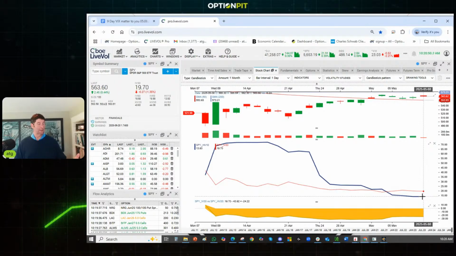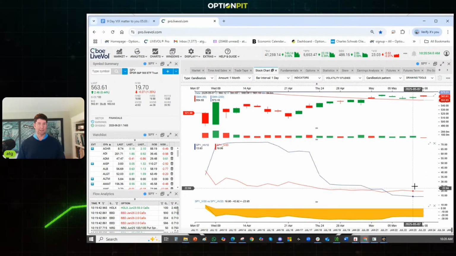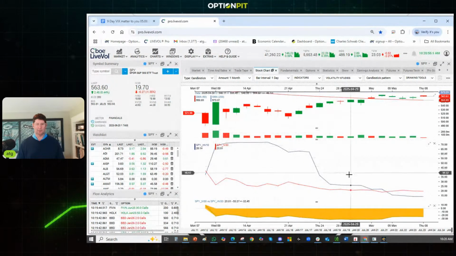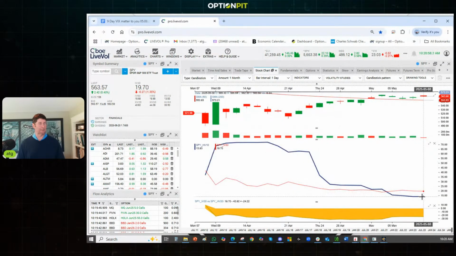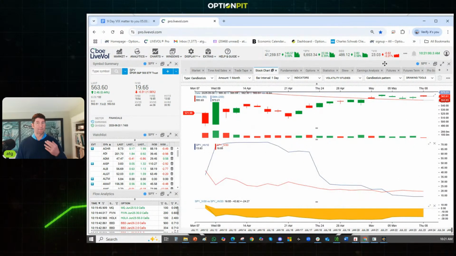So with 9-day VIX at a 23, the close to close volatilities have been on a long, slow descent. But VIX and 9-day volatility has not gotten down there yet. The market is not ready yet to let it go. Traders still will pay up for that volatility.